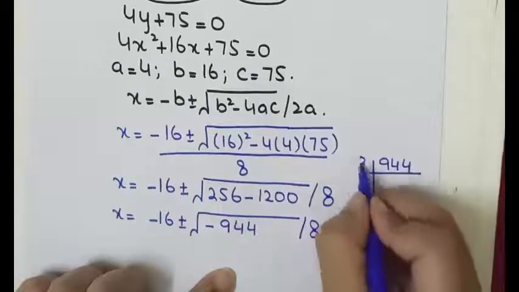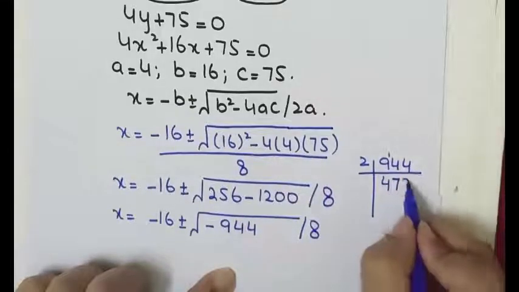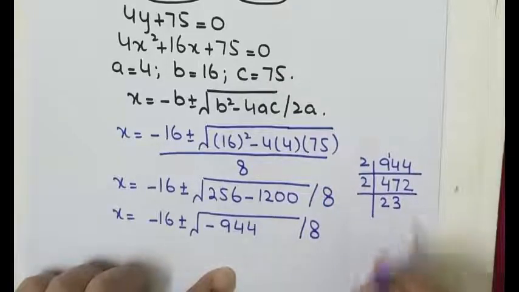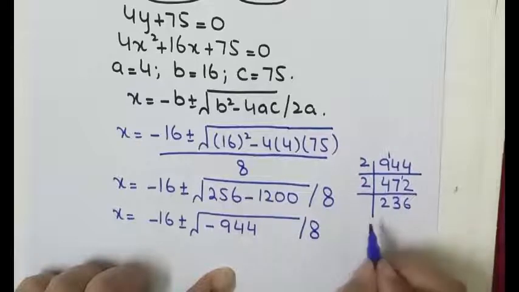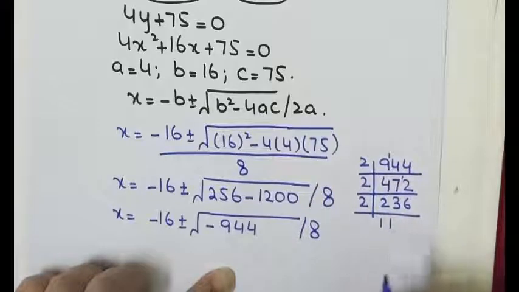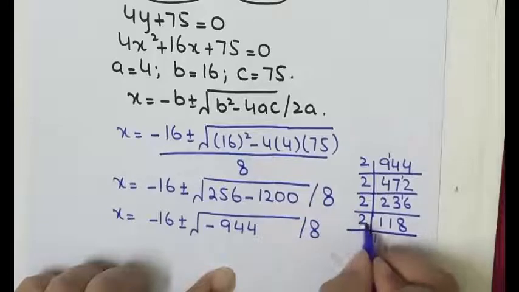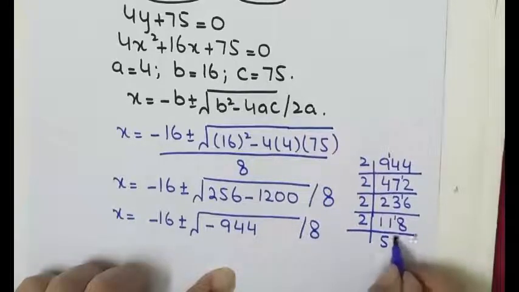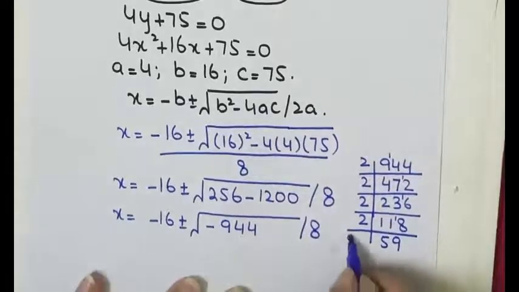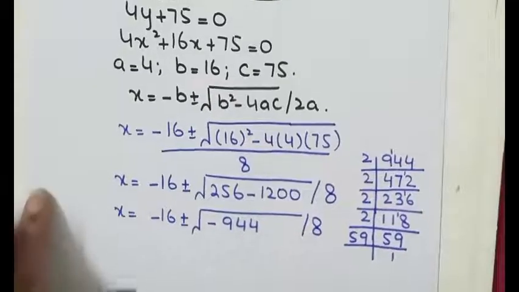So let me break 944. We have 2 4 times is 8, 2 7 times is 14, 2 2 times is 4, 2 2 times is 4, 2 3 times is 6 and 2 6 times is 12. 2 1 times 2, 2 1 times 2 and 2 8 times is 16. 2 5 times is 10 and 2 9 times is 18 and 59 1 times is 59.